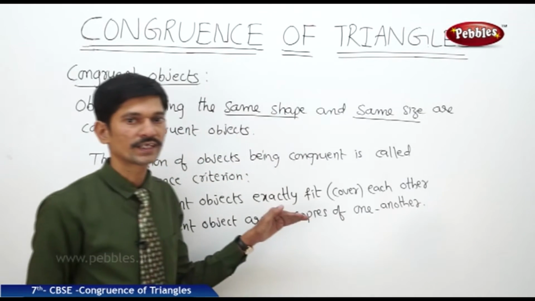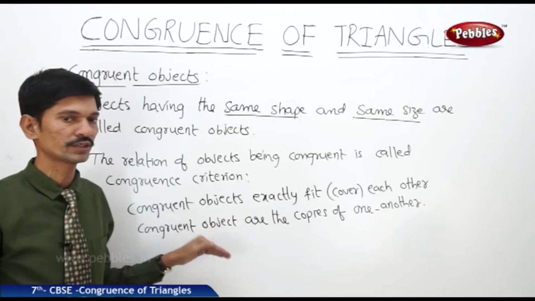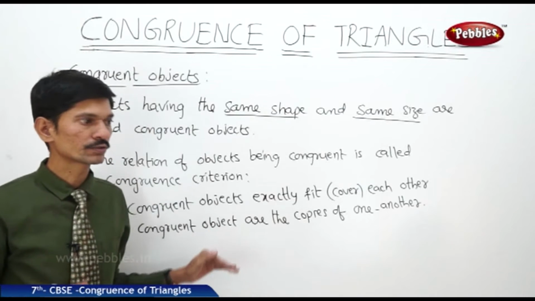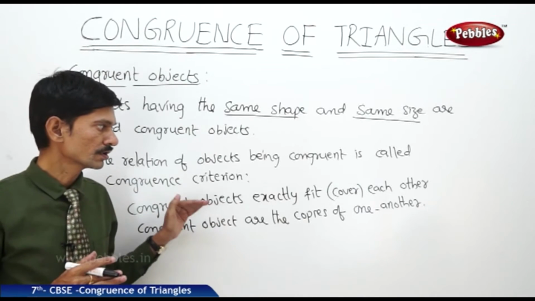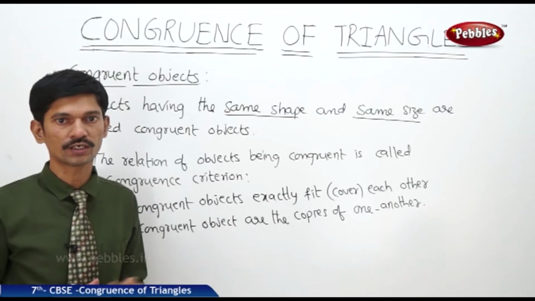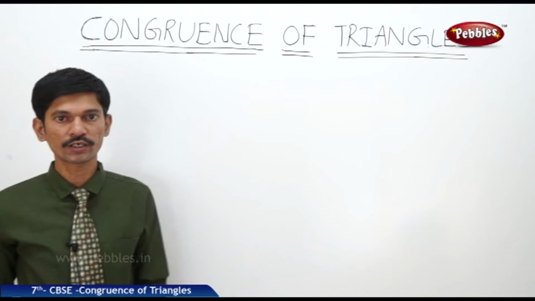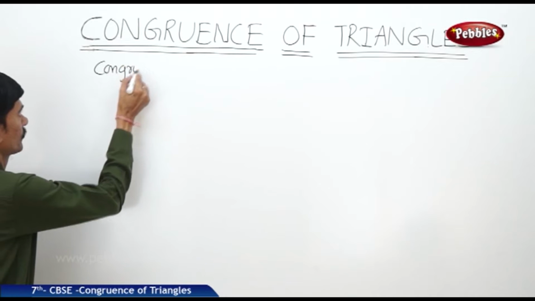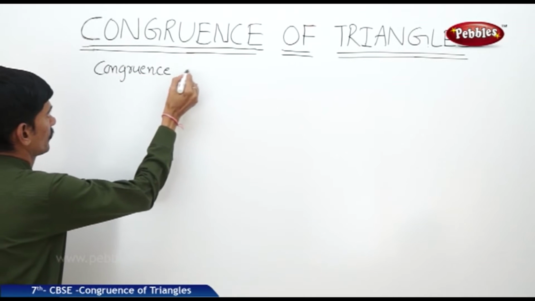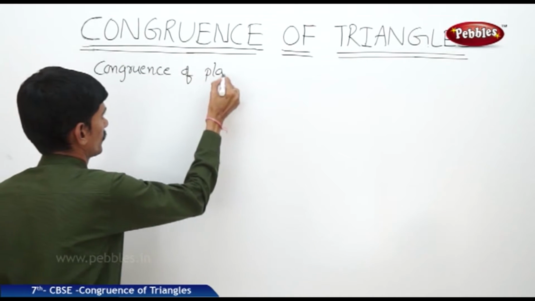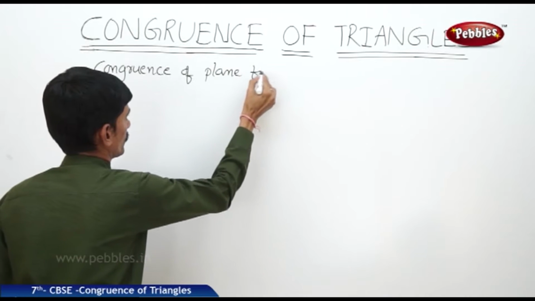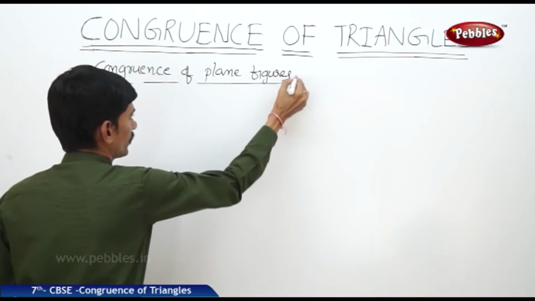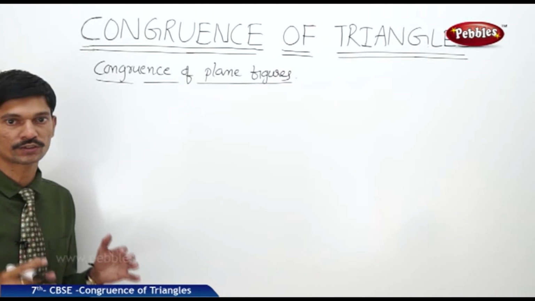Now how to examine whether two objects are congruent or not? We can use the superposition method to examine whether the two objects are congruent or not. Now let us see the congruence of plane figures, means how two plane figures are said to be congruent to each other.